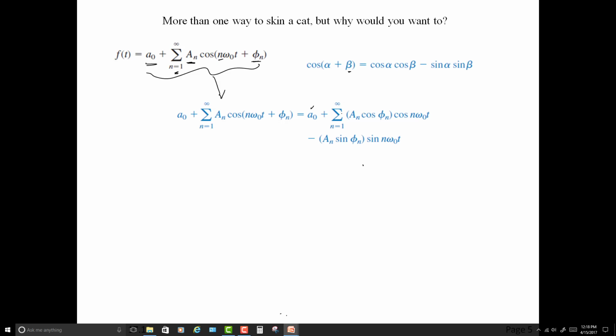And then it's the sum of A sub n cosine of n times cosine n omega 0 t plus or minus A sub n sine of n times sine of n omega 0 t. Now you recognize what's going on with this. This is a magnitude at an angle.